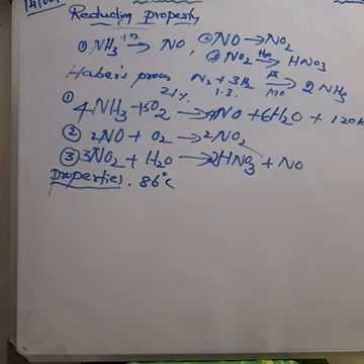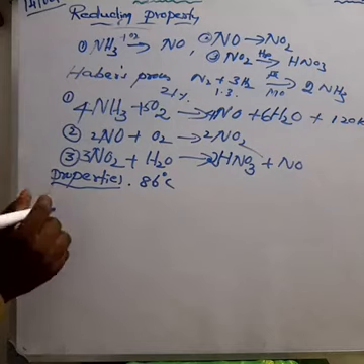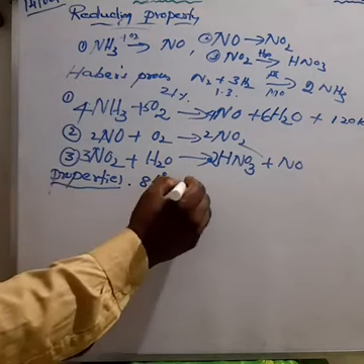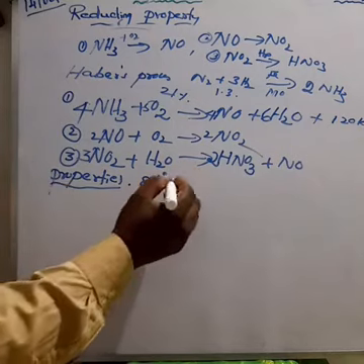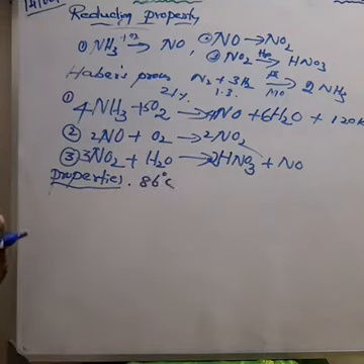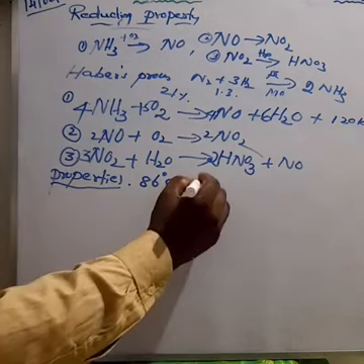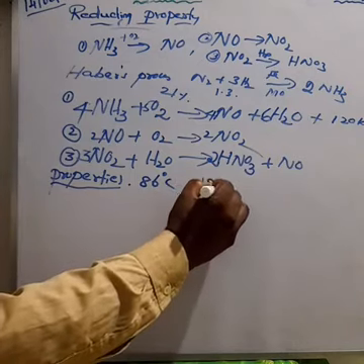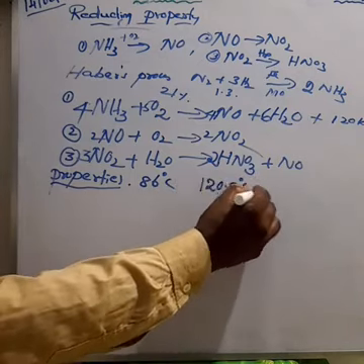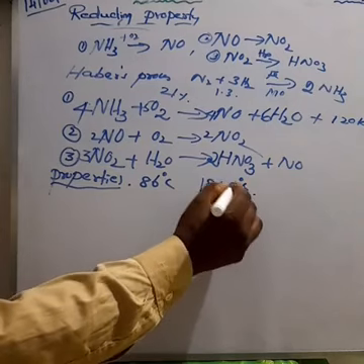It forms a constant boiling mixture, about 98% nitric acid. What is the boiling point? The boiling point is about 120.5 degrees Celsius.